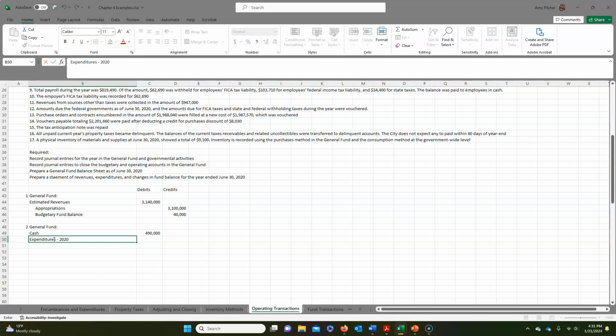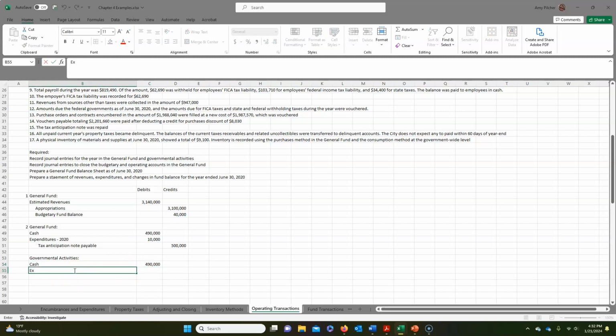We then have expenditures, 2020. And we're going to credit tax anticipation note payable for $500,000. Okay, then under the governmental activities, we received cash of $490,000.